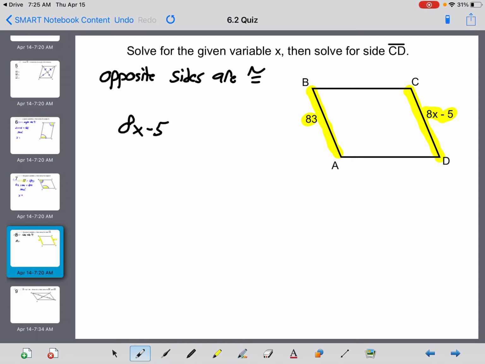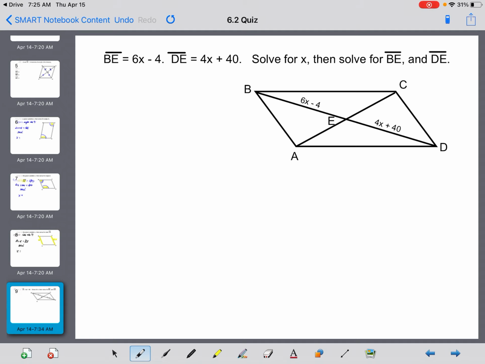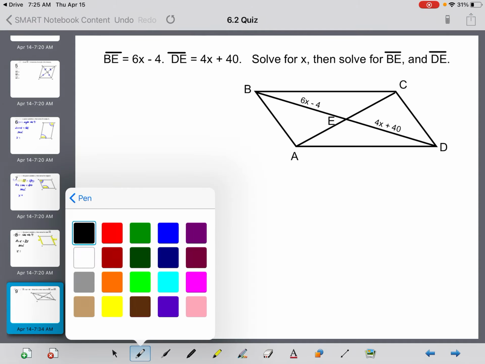So what does that mean? That 8x minus 5 equals 83. Solve. Get x by itself. Another two-step equation.